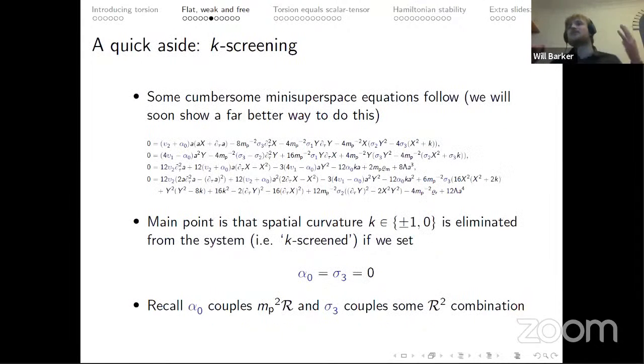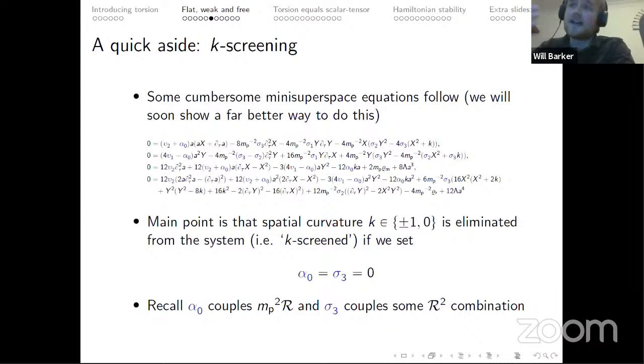And then the background equations of motion, you can see that they're just going to be populated by those parameters. So all of the background equations can be written in terms of that reduced set of parameters. And these are obviously some very horrible equations, so we won't get too into these, but something that you can notice is that if you impose 2 very simple constraints on the general 10 parameter theory, so you switch off alpha naught and sigma 3, that is to say you remove the Einstein-Hilbert term from the theory and you remove a specific combination of the quadratic curvature terms, then the spatial curvature drops out of the cosmological equations completely.